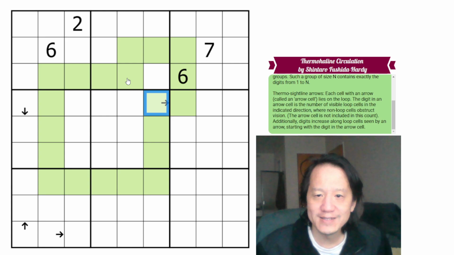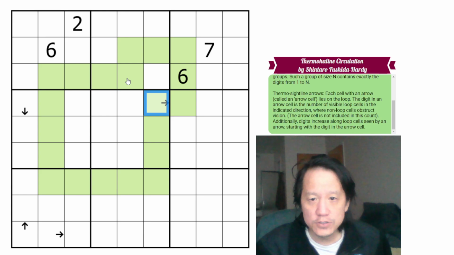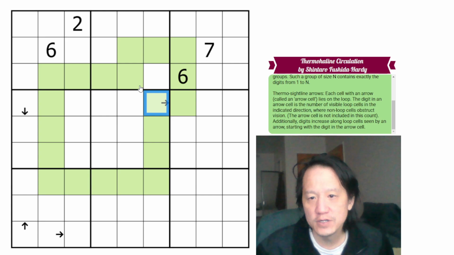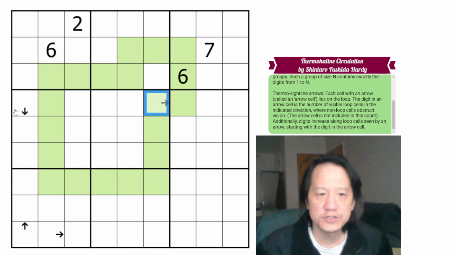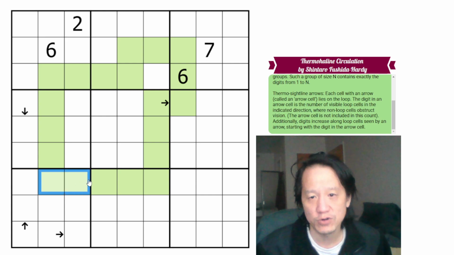The arrow cell is not included in this count. Additionally, digits increase along loop cells seen by an arrow, starting with the digit in the arrow cell. Oh, that's interesting. So each cell with an arrow in it must lie on the loop. So that's another reason why this loop doesn't work.